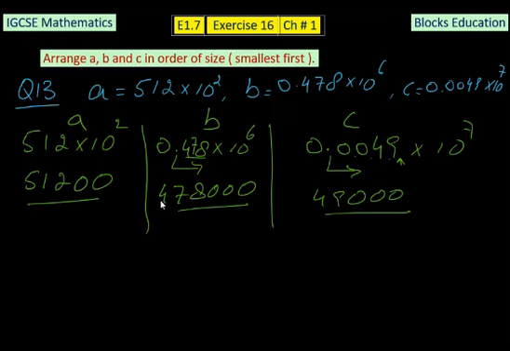In order of size you can clearly see that 49,000 and this is 51,200. So this C is the smallest one, so C first, then comes this 51,200, and this is 478,000. So clearly A comes next and B is the largest among these three numbers.